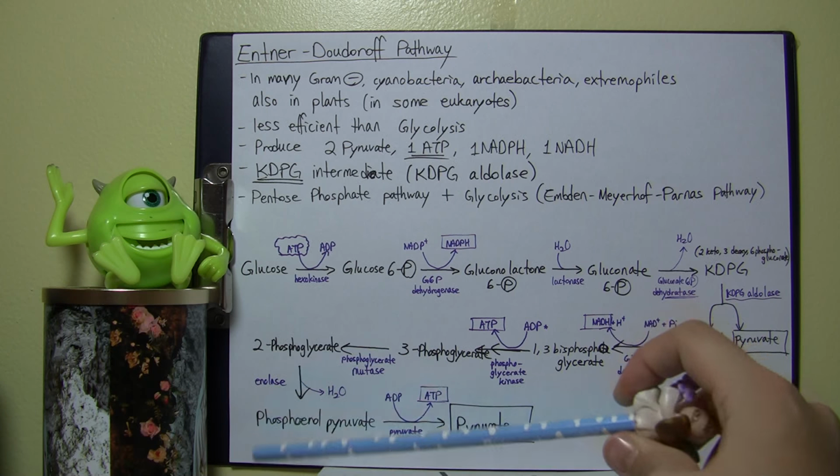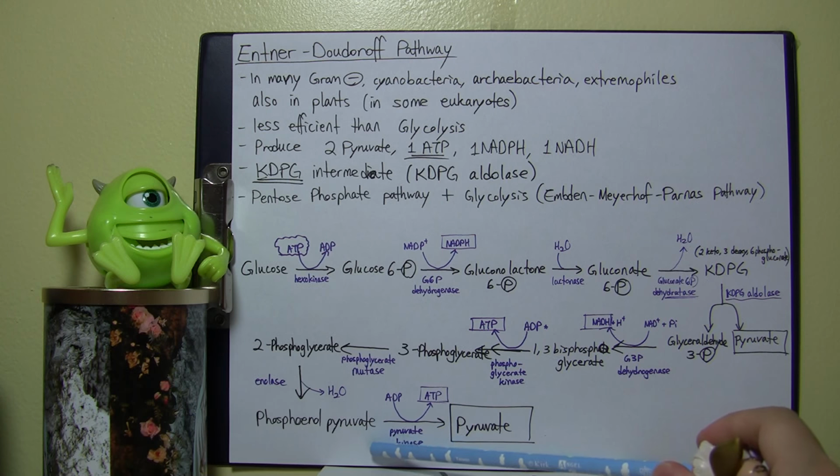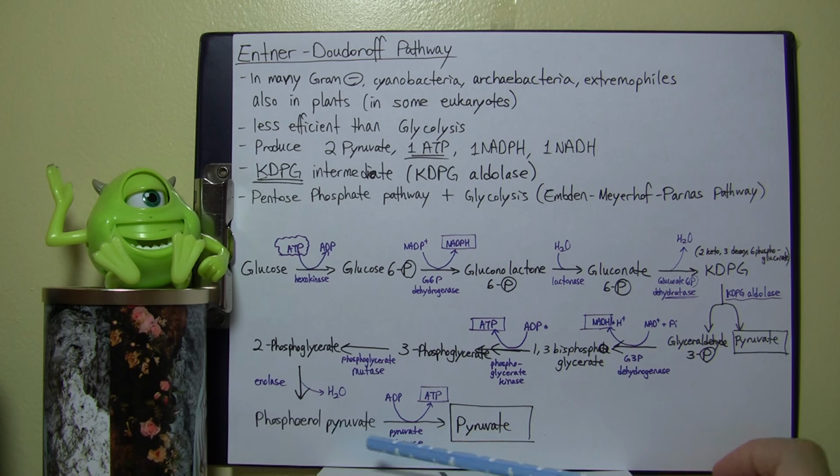Then 2-phosphoglycerate is converted into the enol product, phosphoenolpyruvate, using enolase by releasing water. And finally, phosphoenolpyruvate, a very high energy molecule, is converted into pyruvate, producing another ATP using pyruvate kinase.